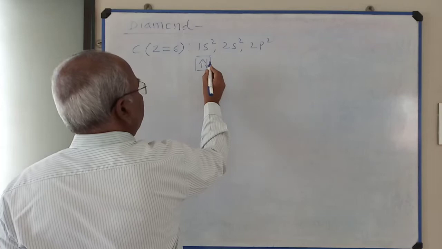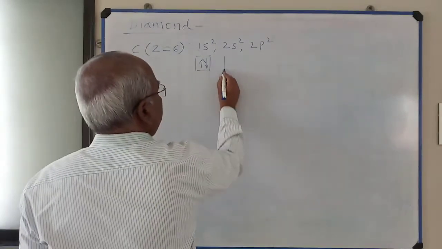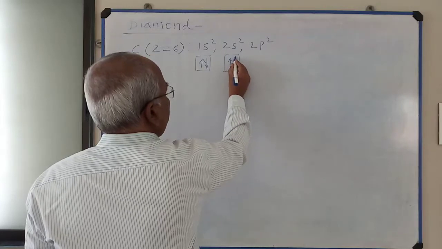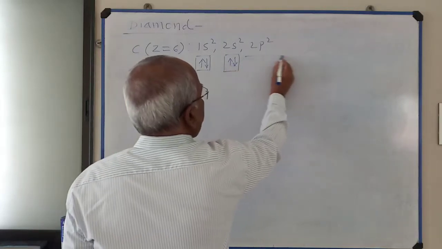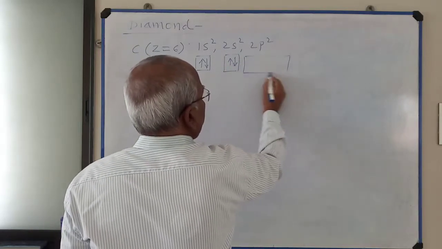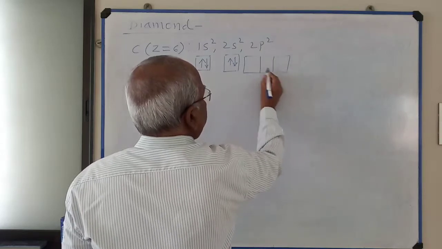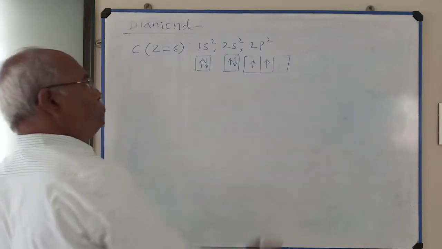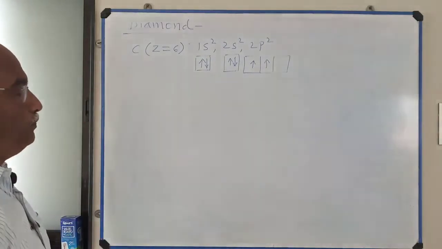These are 1s2 electrons, these are 2s2 electrons, and these two are 2p2 electrons.